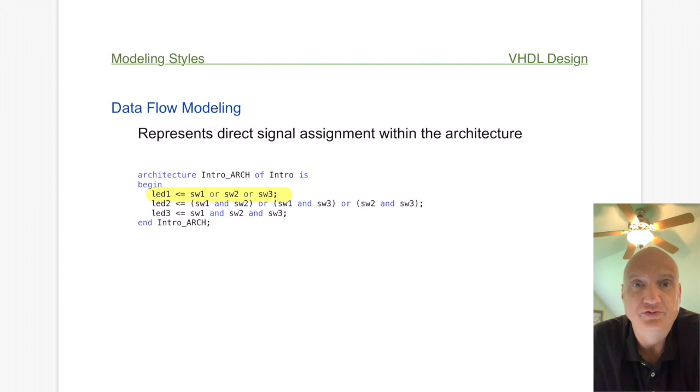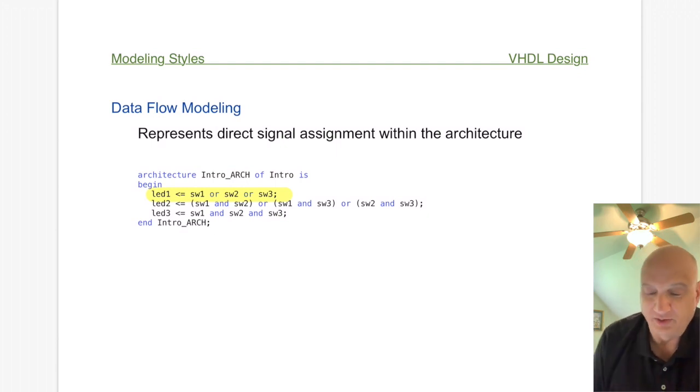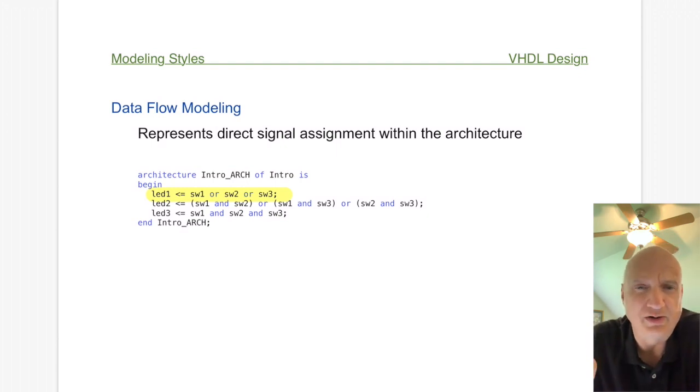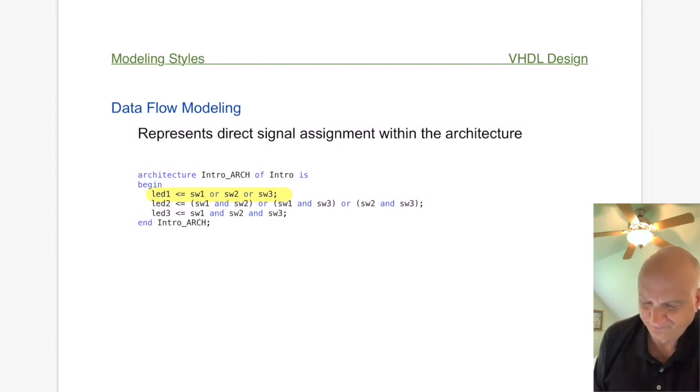There are two very powerful data flow instructions. One's called selected signal assignment, and the other is called conditional signal assignment. Those are ways to define even more complex logic using data flow as a modeling method, and we'll see some examples of that. That's really powerful, especially for combinational logic descriptions.